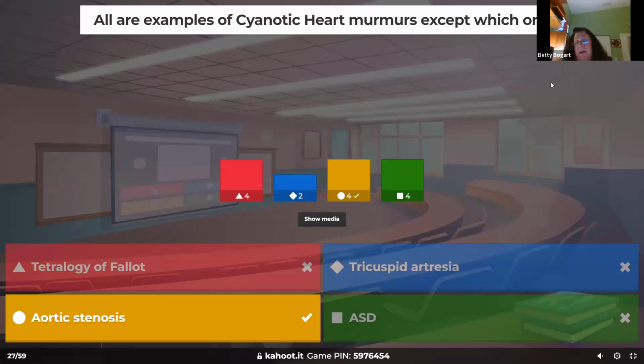I've already said tricuspid atresia. That means A, nothing. It can't go down and up into the pulmonary artery. Now, aortic stenosis, we're still getting blood around, but you know something? ASD is not cyanotic either. Actually, we're going to see extra blood flow going into the pulmonic circulation. So actually, it is aortic stenosis and your ASD, and I'm going to have to change that question.